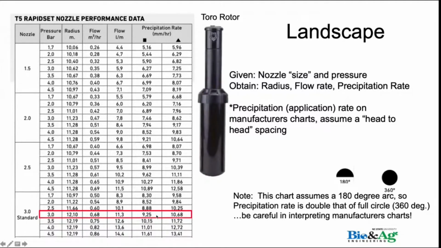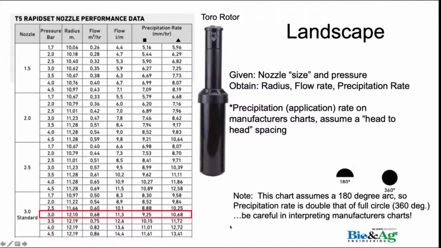Now you see the precipitation rate. How do you interpret that? Well, the assumption on these manufacturers' charts is that you are spacing the sprinkler at the radius given. If you do not have your sprinkler spaced at this radius, or what we call head-to-head coverage, it will not have this precipitation rate.